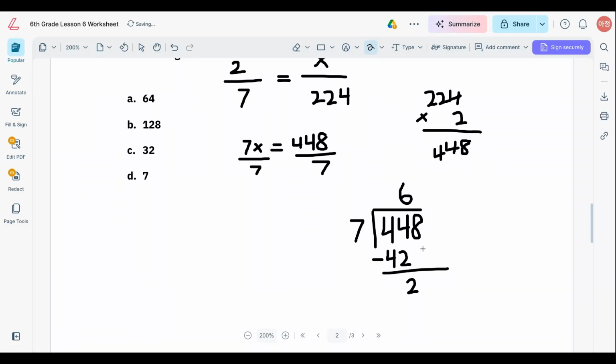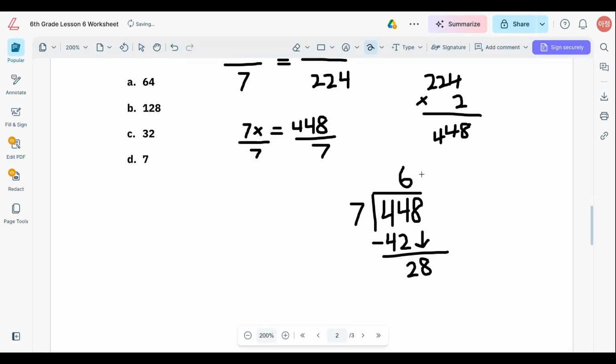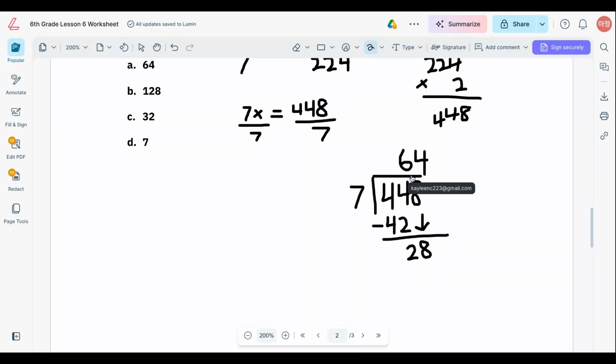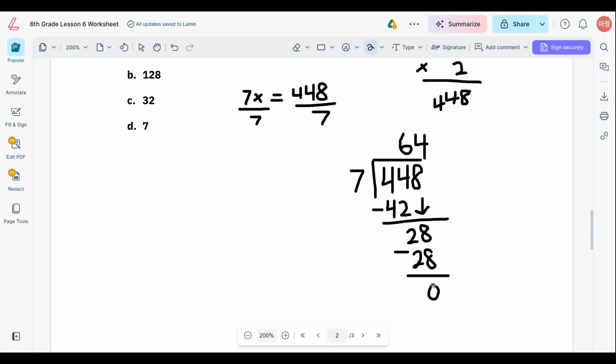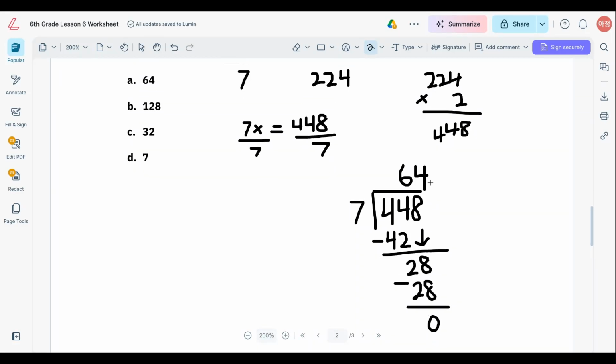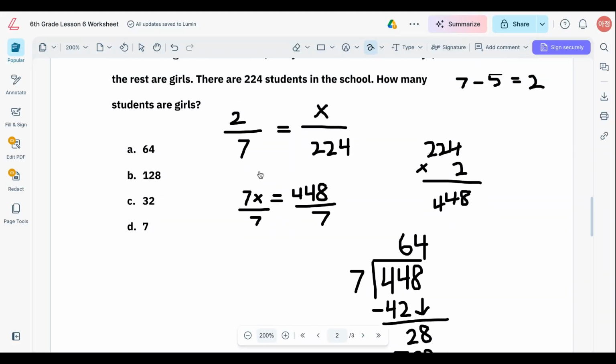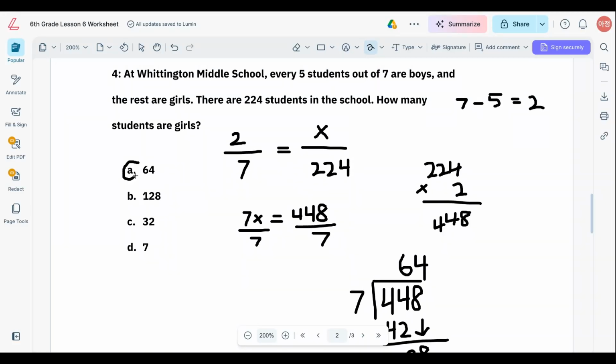That's 2. That's 8. 28. So it'll be 4. So, sorry for the background noise. So that's 28. And you subtract it. And then so you get 64. So X is 64, and so A is the correct answer.